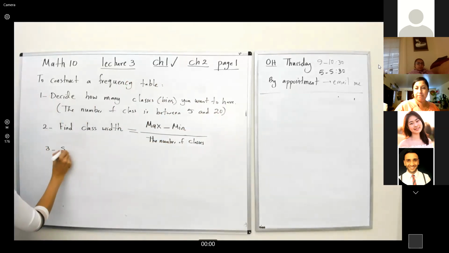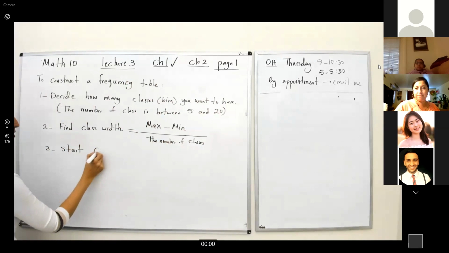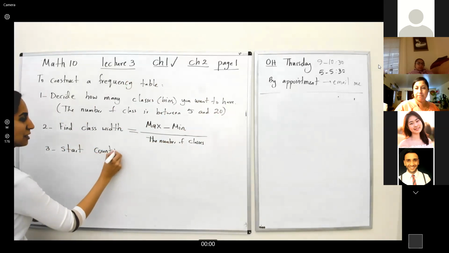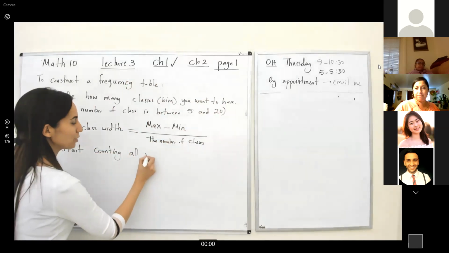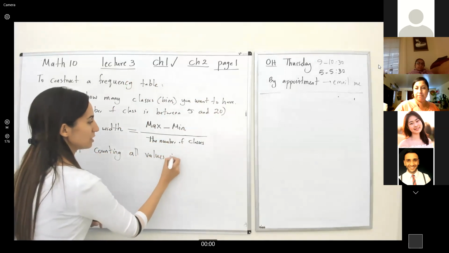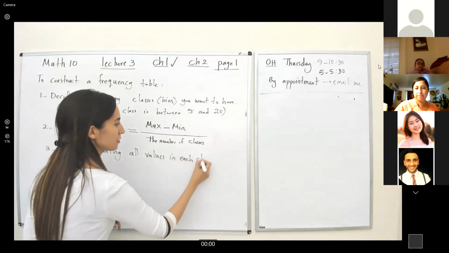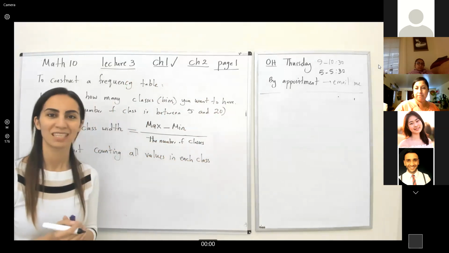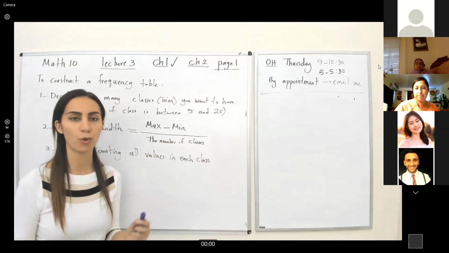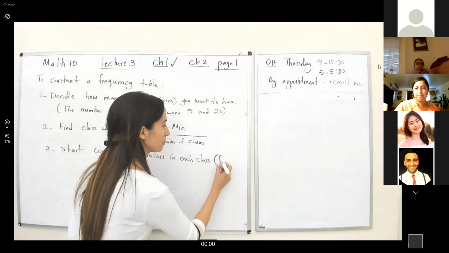Step 3, start counting all values in each class. We denote it by frequency or f.